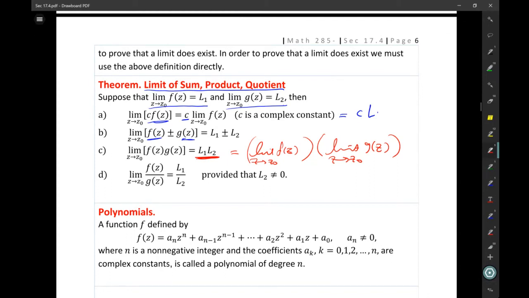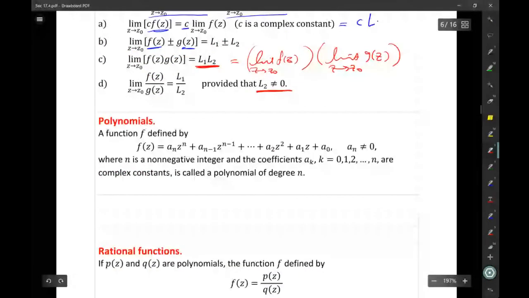For the limit of f of z divided by g of z as z approaches z naught, you can also distribute the limit over numerator and denominator, provided that the limit of the denominator is not equal to 0.